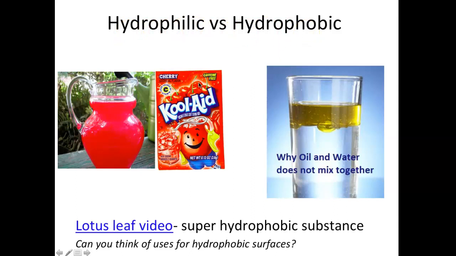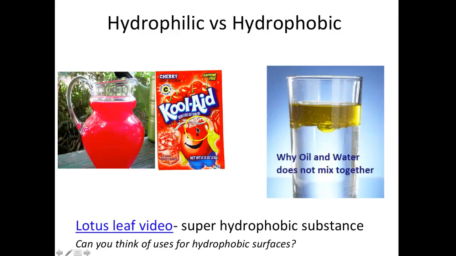What that really means is that hydrophilic substances dissolve in water. So Kool-Aid, for example, the sugar and the food coloring that's in that packet, both of those substances dissolve in water. So you can get a nice even mix of that Kool-Aid mix into a pitcher of water. You need to know that the reason why Kool-Aid is hydrophilic is because it's also polar.